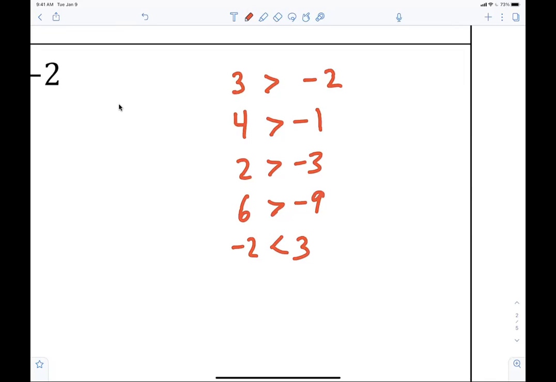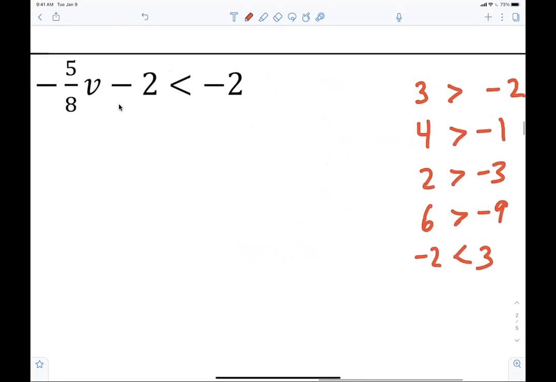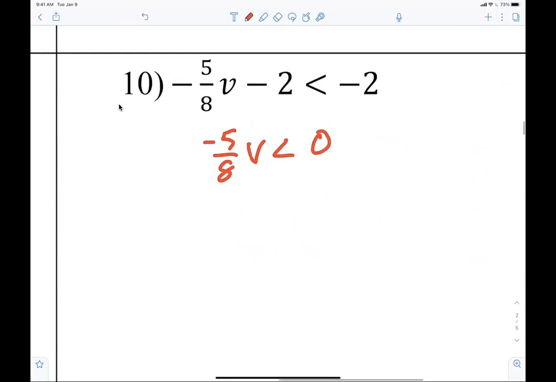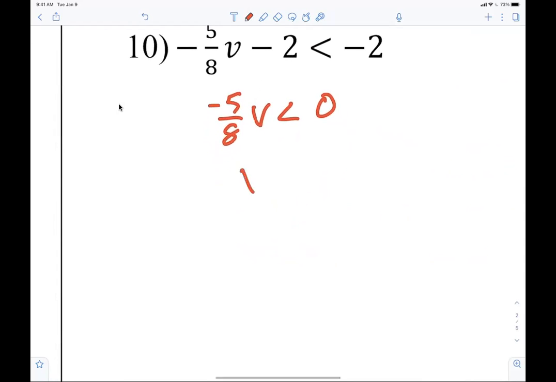So here we go. Back on track now. The first thing I'm going to do is do what? Add 2. So now I get negative 5/8 V is less than what? 0. So now V is what? Greater than what? 0.